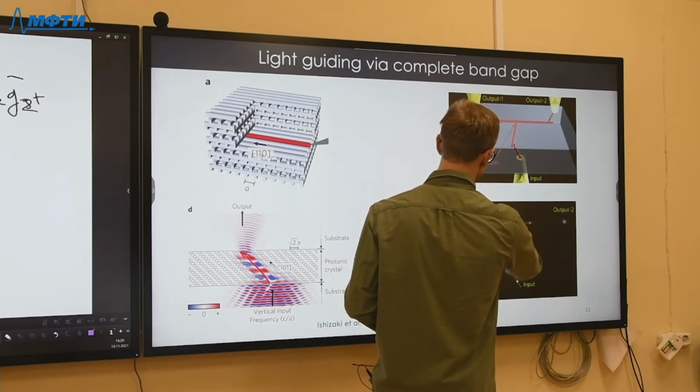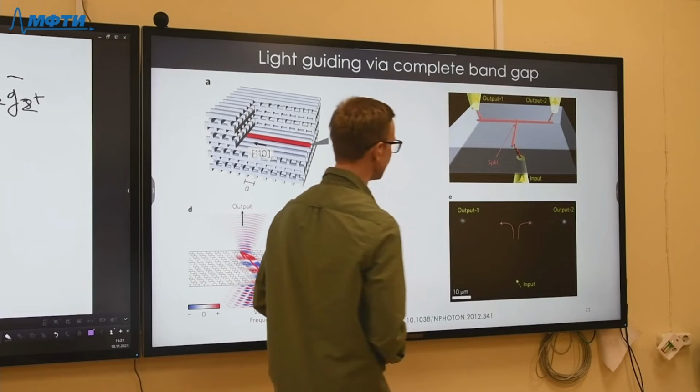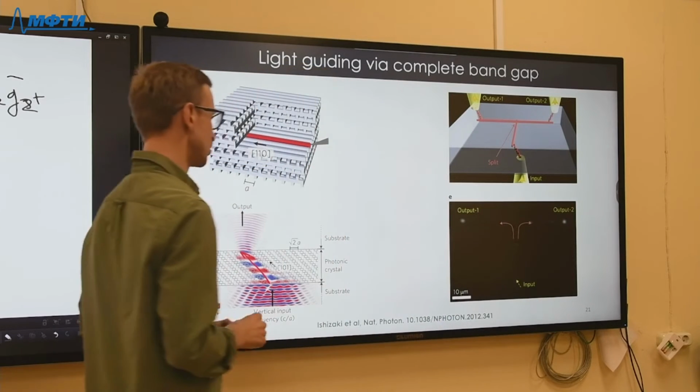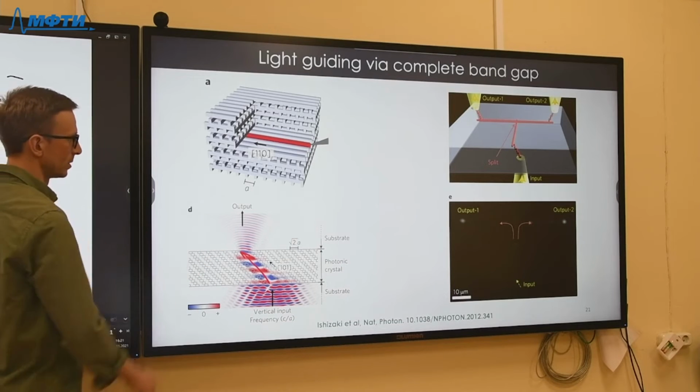It goes via junctions and it reaches both outputs of the system. This is quite an interesting demonstration of what you can do when you have at your disposal a structure with a complete band gap, and that allows you to channel light in any way you basically want by allowing it to flow through the channel and not allowing it to go anywhere else.